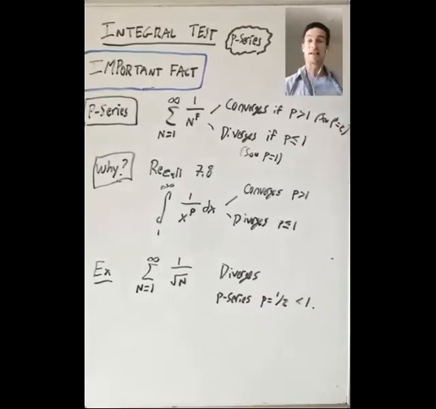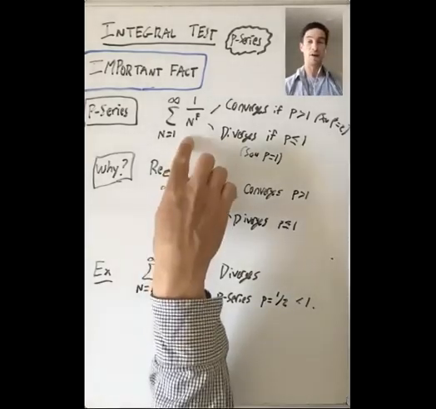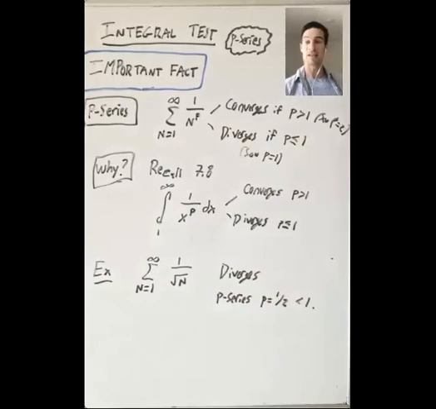I said in the last set of videos that geometric series were some of our building block series that we really understand well. P-series are another one of those foundational building block series that we understand well. In future lectures, we're going to see that sometimes you can tell whether or not a series converges by comparing it to one that you know well, something like a p-series or a geometric series.